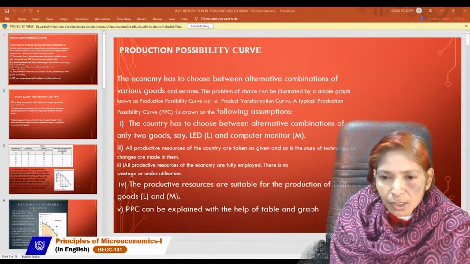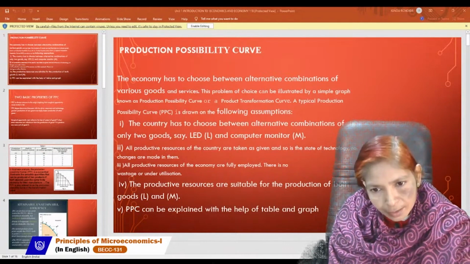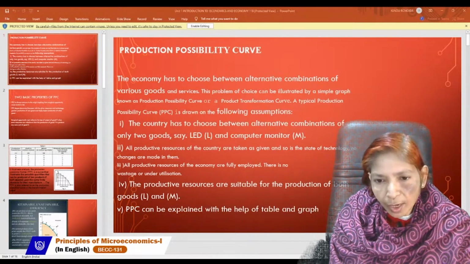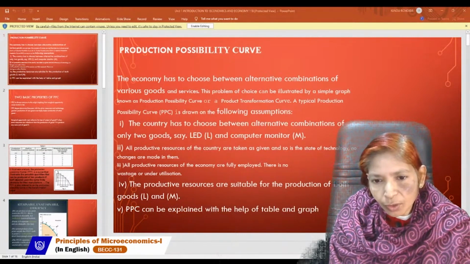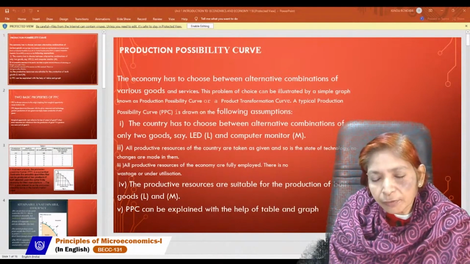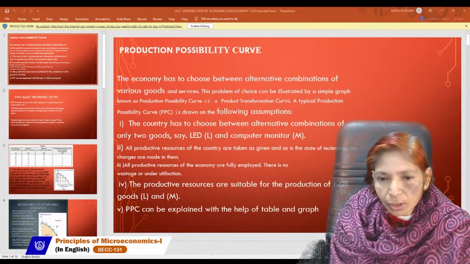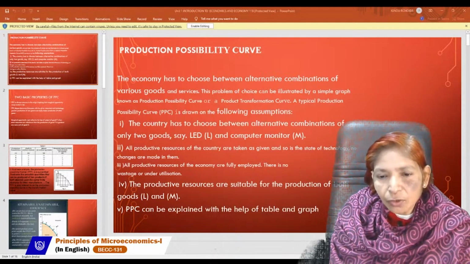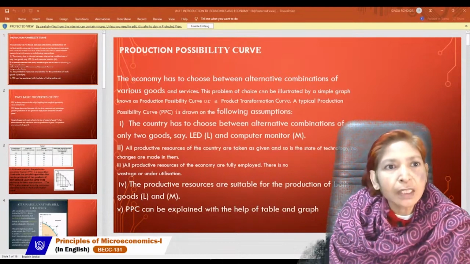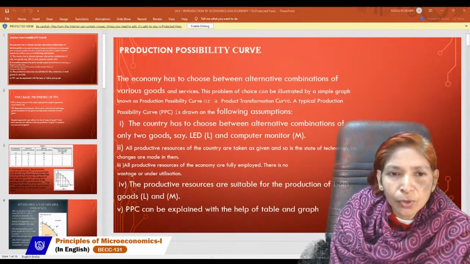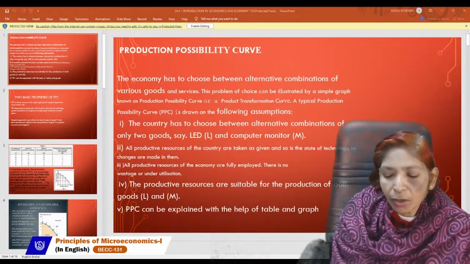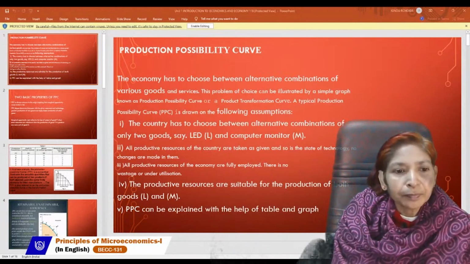No resource is wasted or underutilized. So if we join these points, like if we produce 1 unit of cloth, the production of wheat is 14. Then if the unit of cloth is 2, the production of wheat is 12. So we can achieve these combinations with the help of this table. This table shows that the PPC curve slope is always downward and concave to the origin.